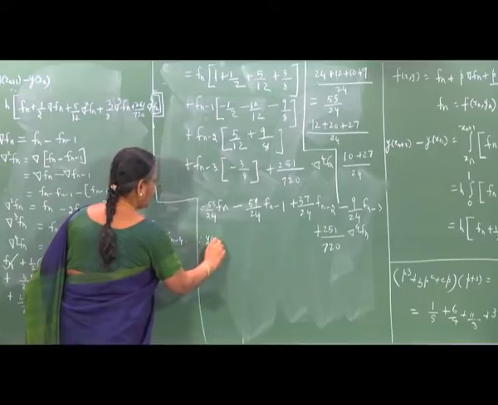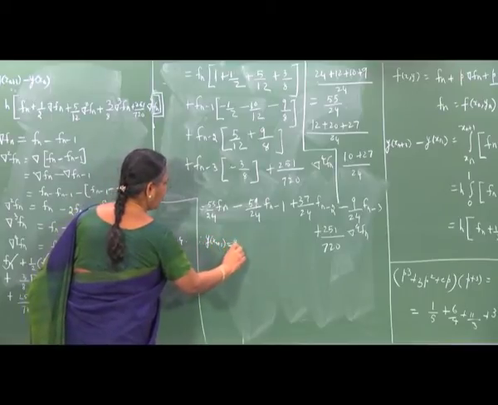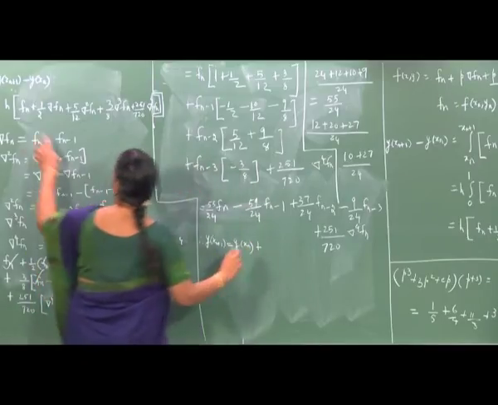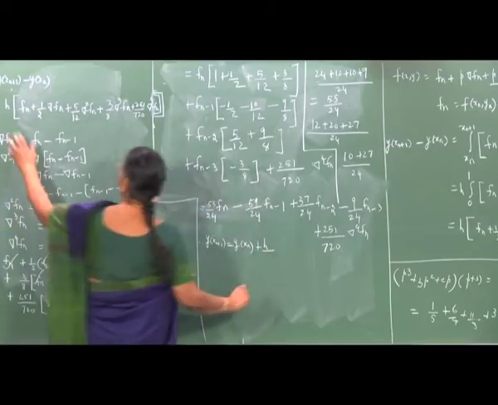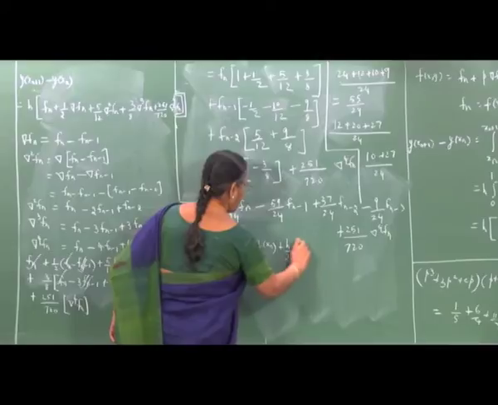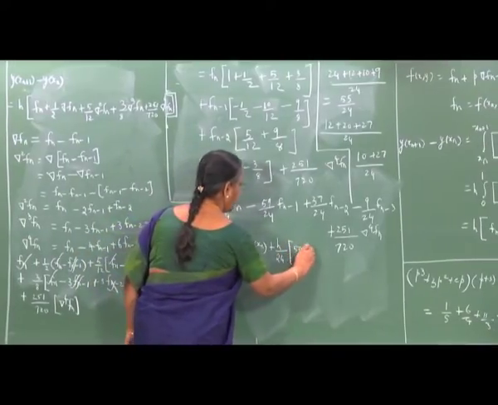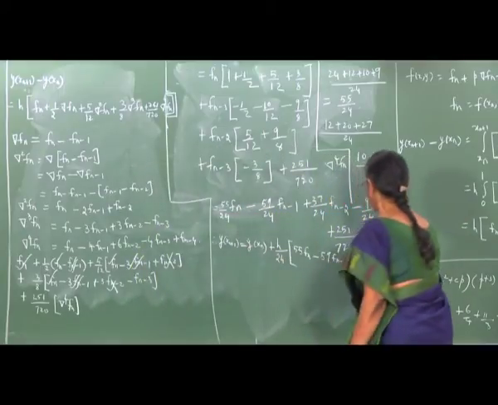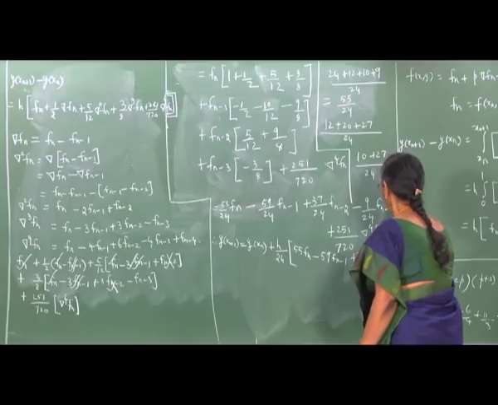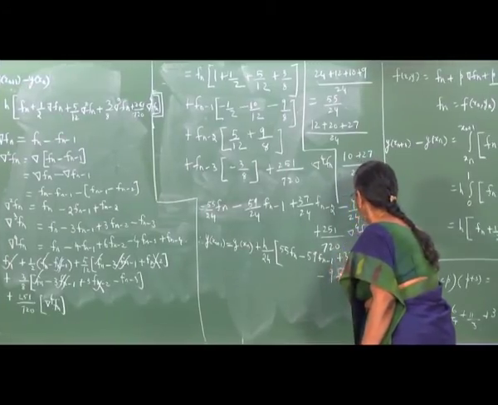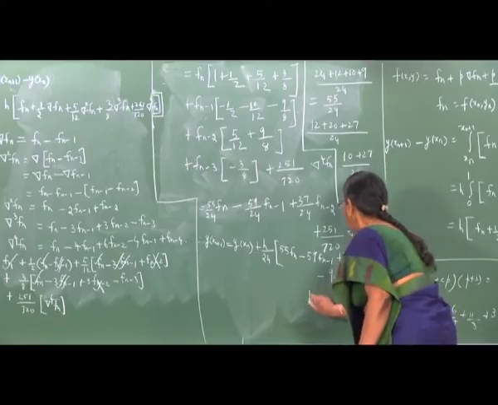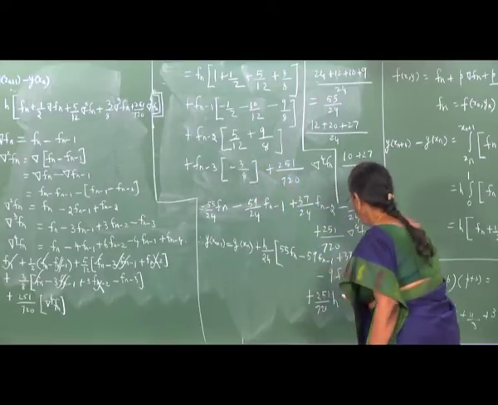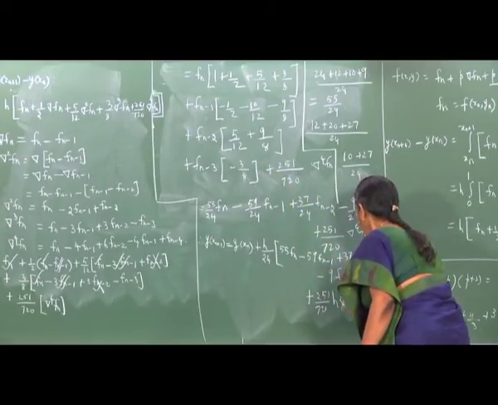Therefore, y of xn plus 1 is equal to y of xn plus, I have h as a coefficient here, so h by 24 into 55 Fn minus 59 Fn minus 1 plus 37 Fn minus 2 minus 9 Fn minus 3, plus 251 by 720 into h into del power 4 Fn.